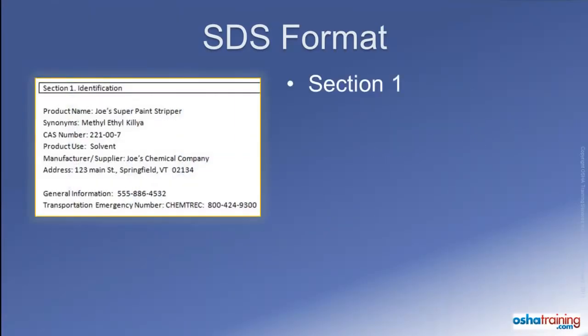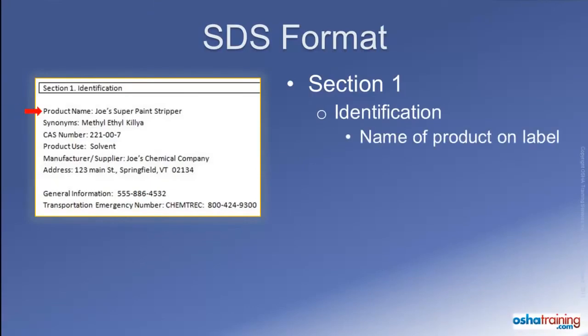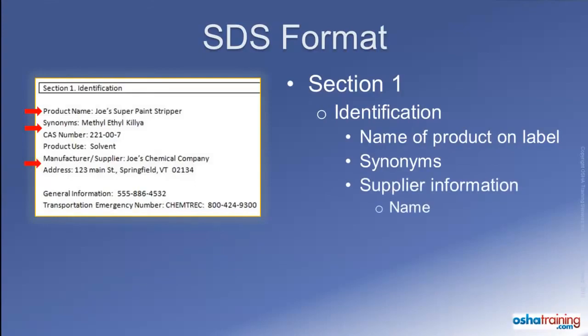Section 1 on safety data sheets is titled Identification. This is where you will find the name of the product as it appears on the container label, and in some cases applicable synonyms or chemical classification codes used for the product. You will also find supplier information, including the name of the manufacturer or distributor of the product, their address, and emergency contact number.